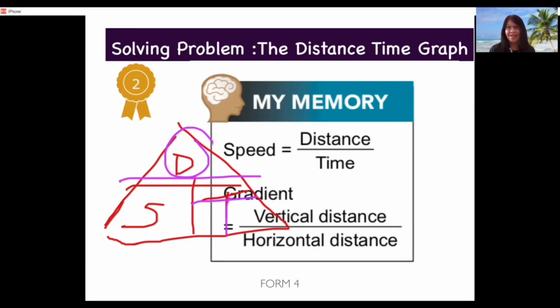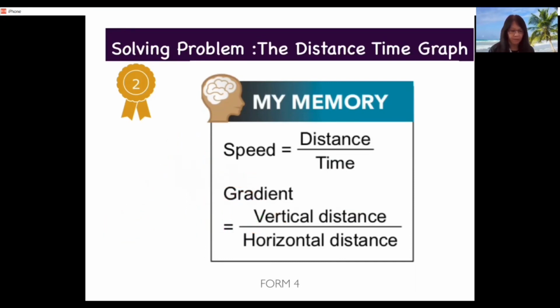Okay, so if I ask you what is the distance given speed and time, you multiply. That means distance equals speed times time. For this topic, because we want to interpret the graph, we have positive gradient and negative gradient.